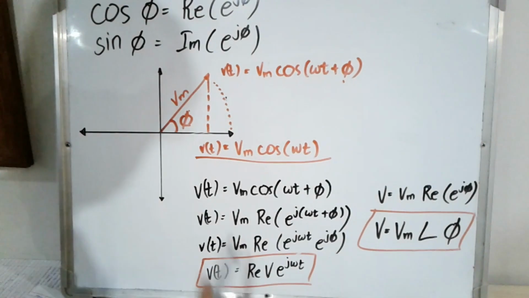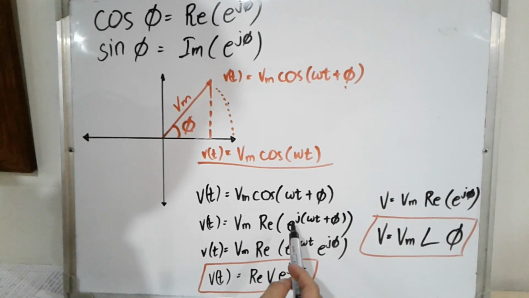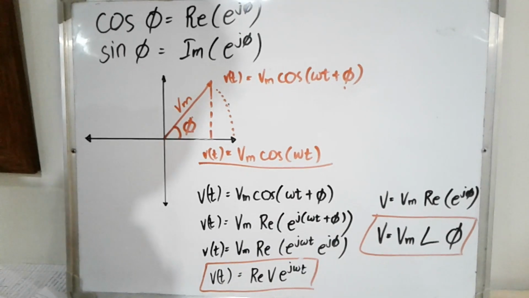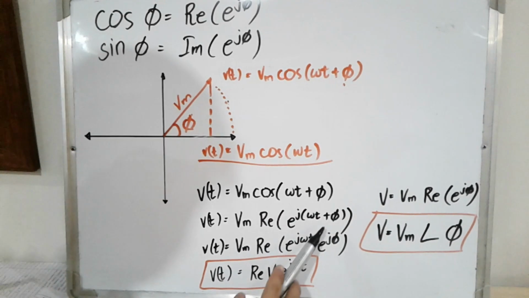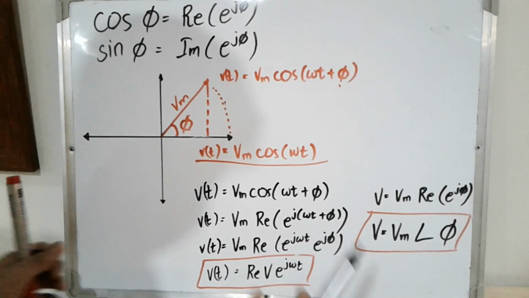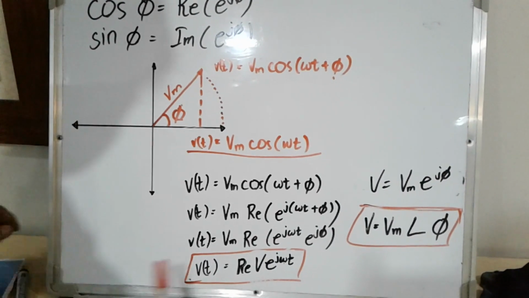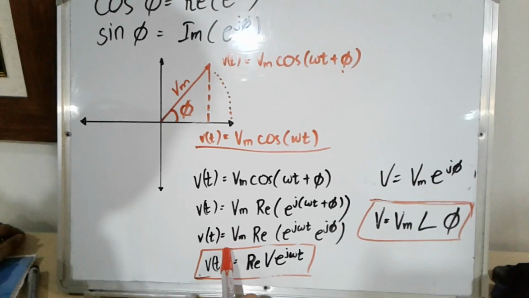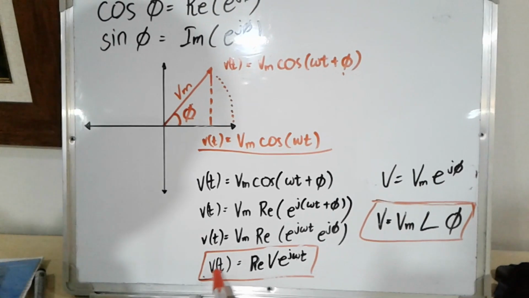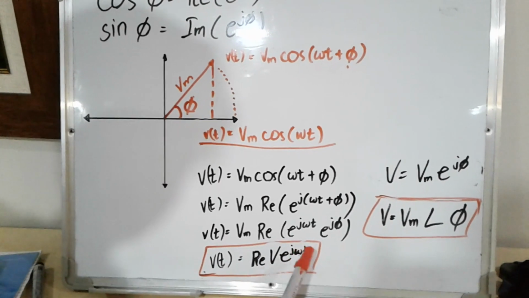So take the real part of the cosine. v of t is equal to V max times the real part of e to the power of j times the quantity omega t plus phi. So j omega t is separated from j phi. Now, to get the real part of this equation, we copy: v of t is equal to the real part of V e to the power of j omega t.